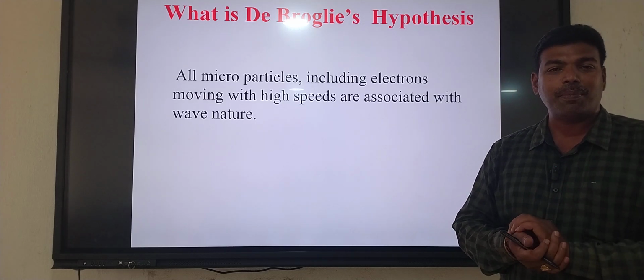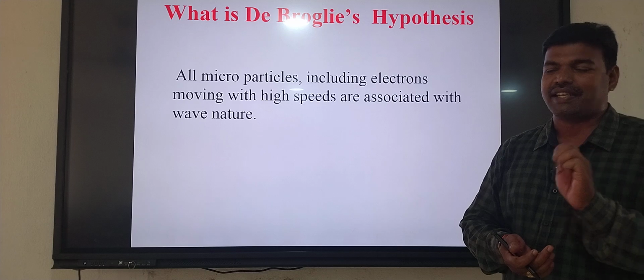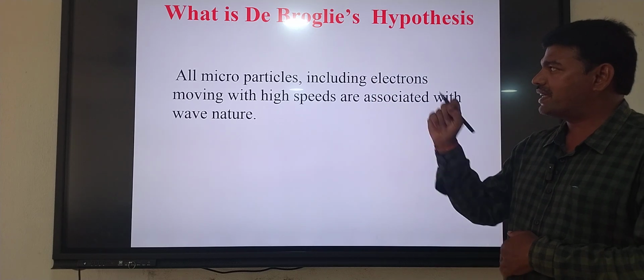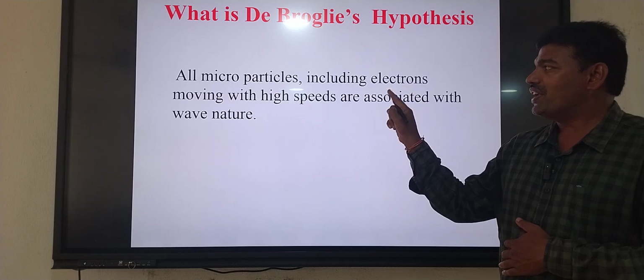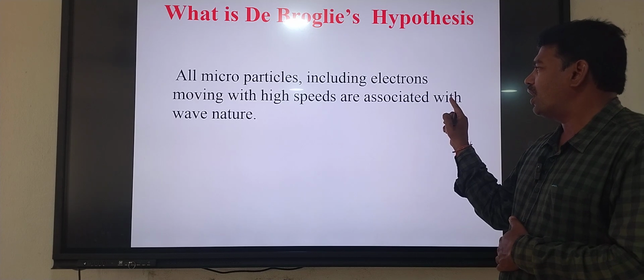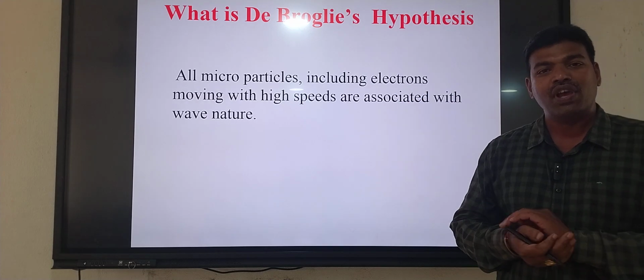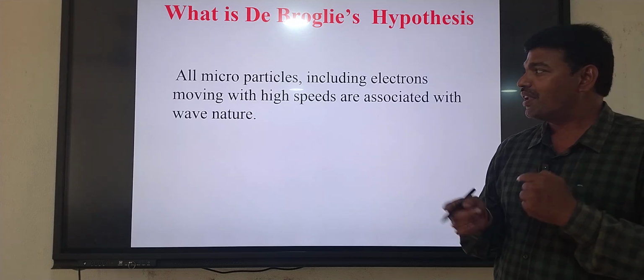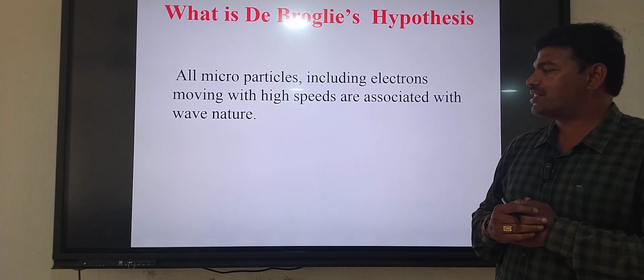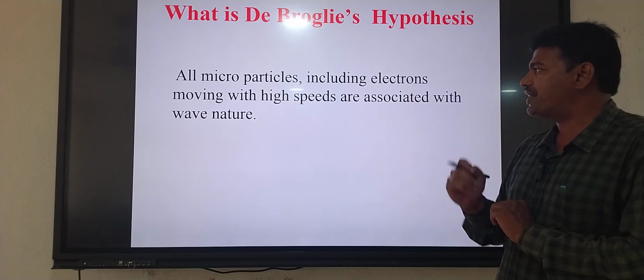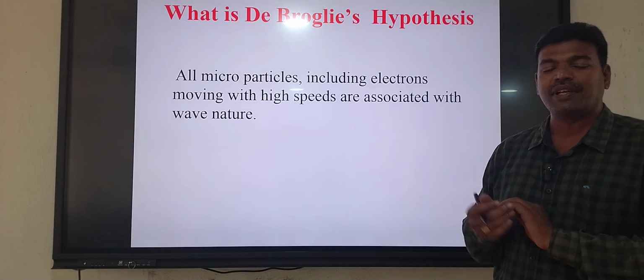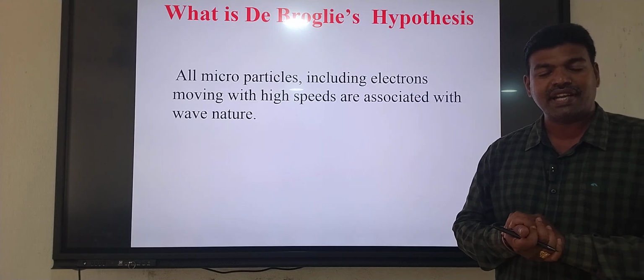De Broglie proposed a hypothesis that all microparticles, including electrons, moving with high speeds are associated with wave nature. I repeat, all microparticles, including electrons, moving with high speeds are associated with wave nature, right?